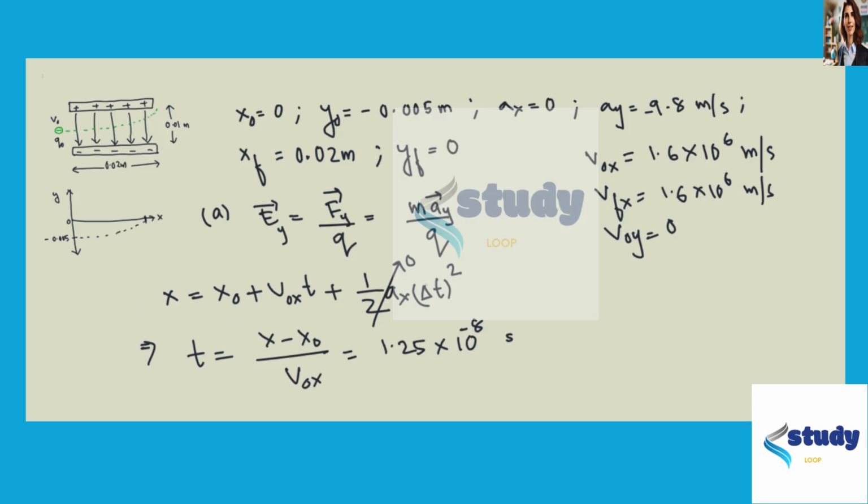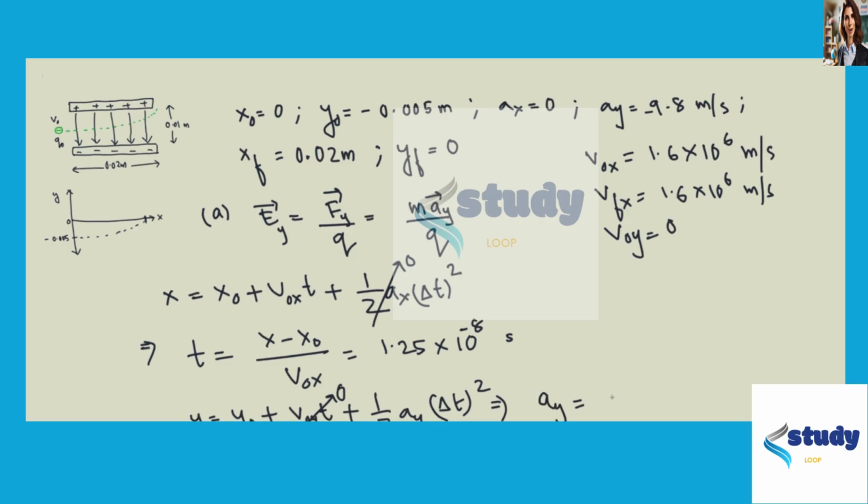We will use the same kinematic equation but solve it for the vertical direction. So we have y equal to y naught plus v naught y t plus half ay delta t squared. In this equation v naught y is 0, so that term goes away.